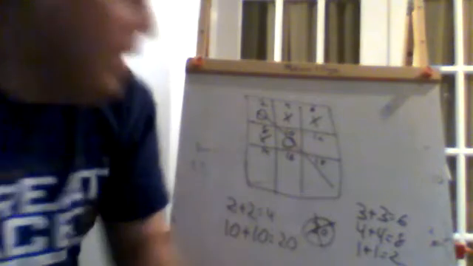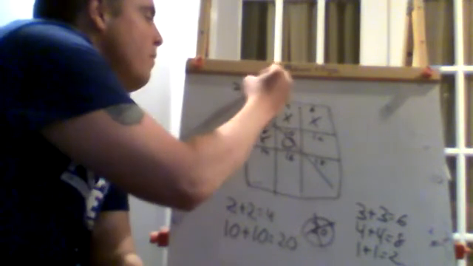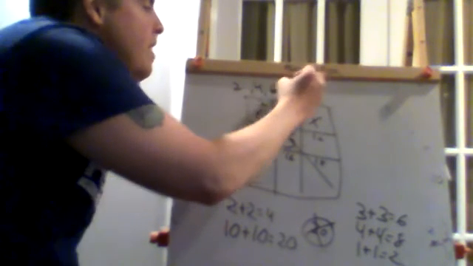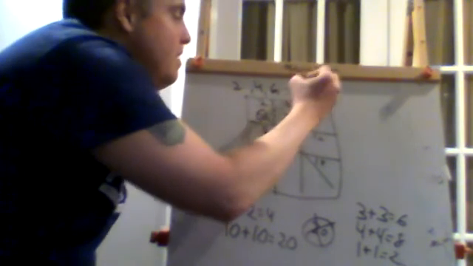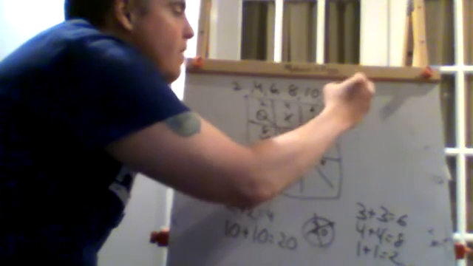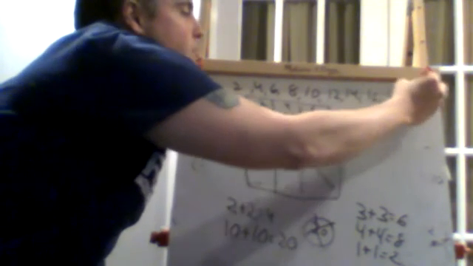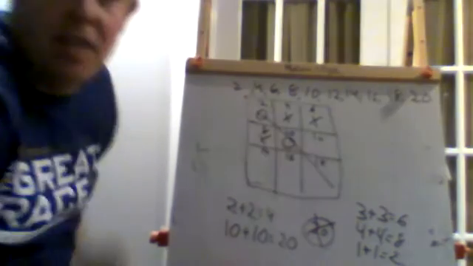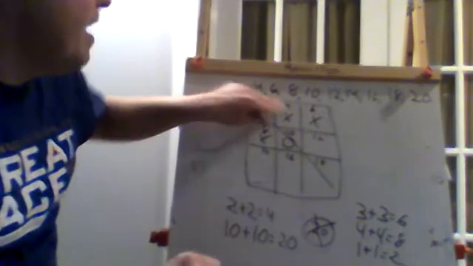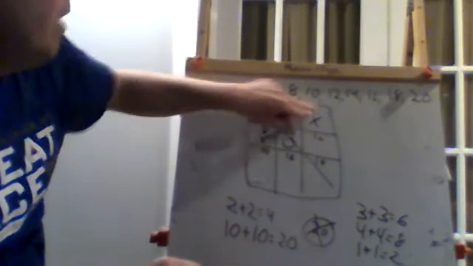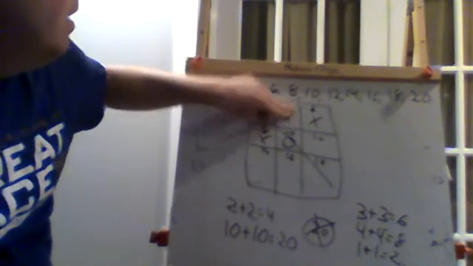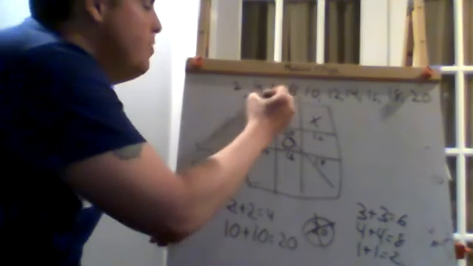Now, you know the answers are always going to be 2, 4, 6, 8, 10, 12, 14, 16, 18, 20, right? Okay, that's always going to be the numbers. So you can put your answers here. So it doesn't always have to be in order like I did. It could be, let's say, 20.